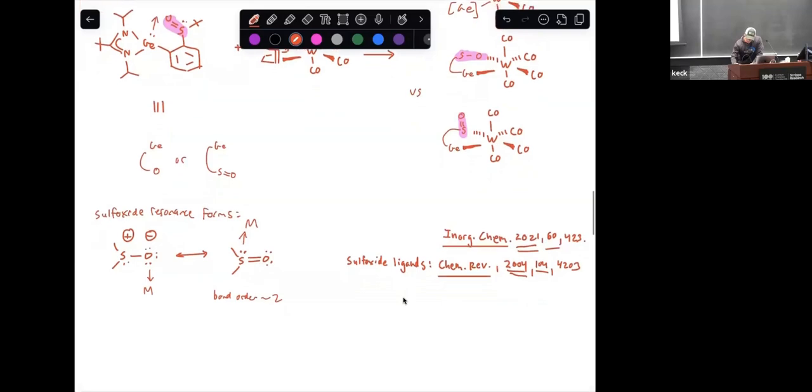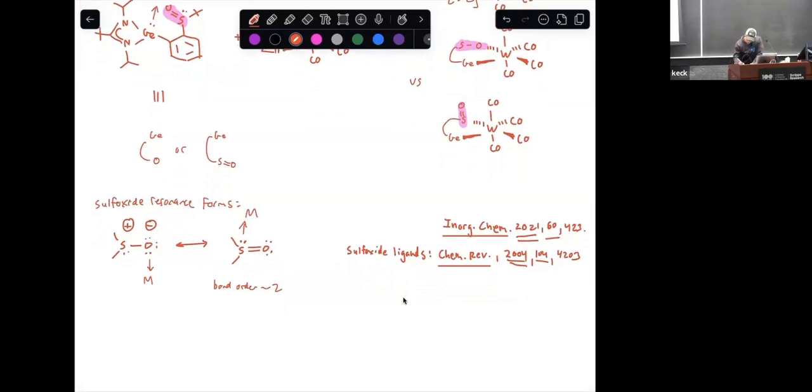I don't have the exact numbers jotted down, but when it's S-bound, you're typically seeing close to 950 wave numbers. And when it's O-bound, you're typically seeing something like 1100 wave numbers. And if you are really into this, maybe some people like in Jin's lab, sulfoxide is a nice ligand for palladium.